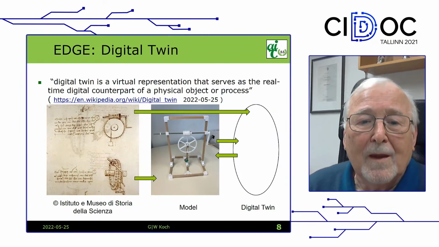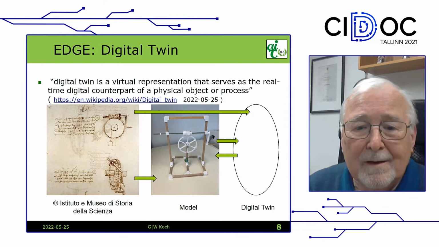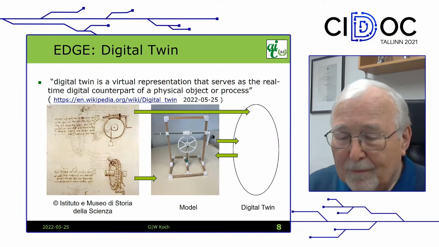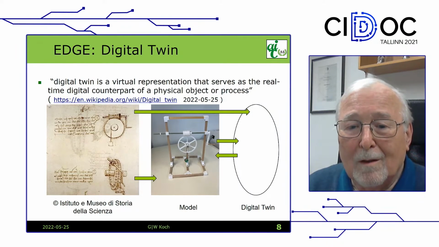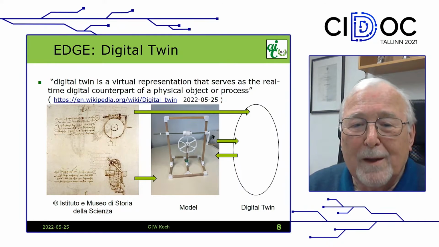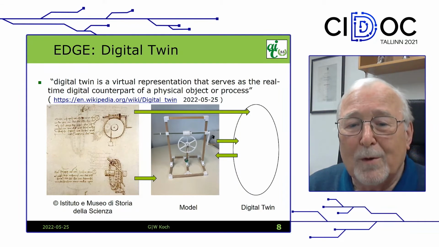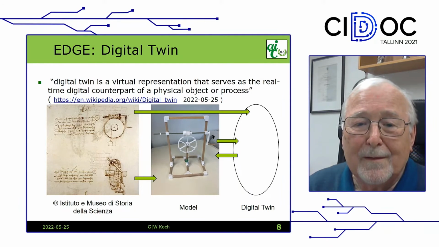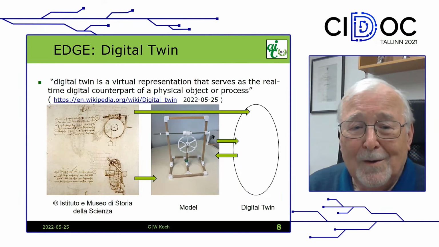For example, here you have a gear wheel. And this was the original concept of Leonardo. That was a model. You can download this printed. These white parts are 3D printed. You can download it from the internet somewhere. And then you can make a copy, a replica of this sketch.